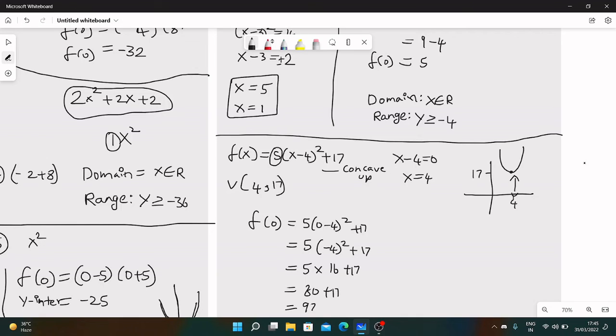Now we have the vertex, x-intercept, y-intercept, and now we have to go to domain and range. We know it's concave up, so that's all we have left.